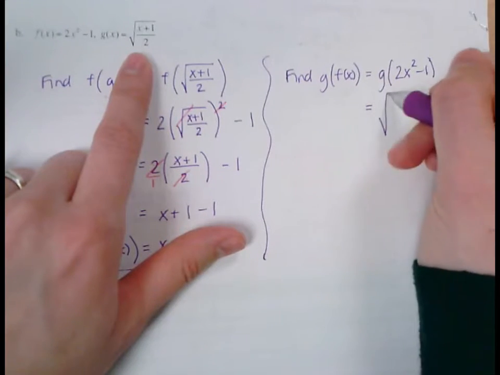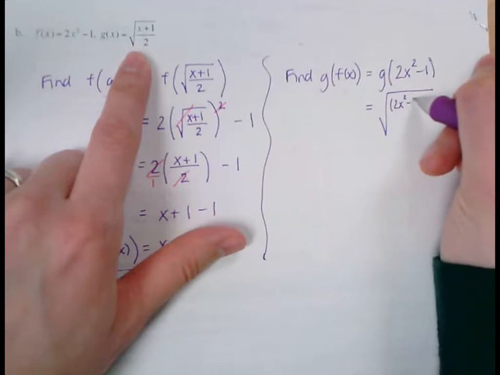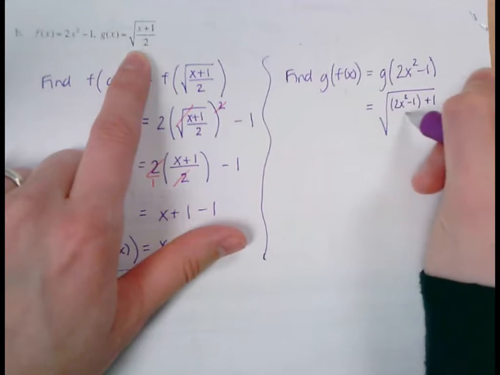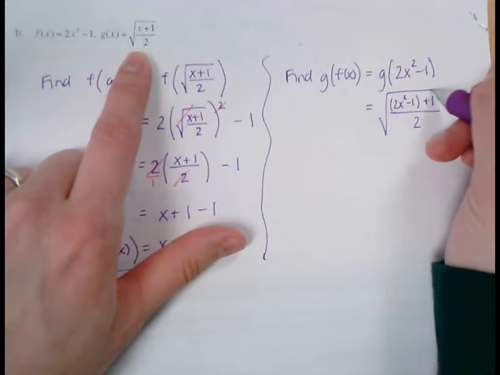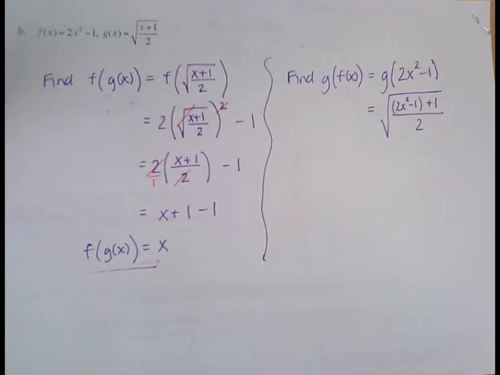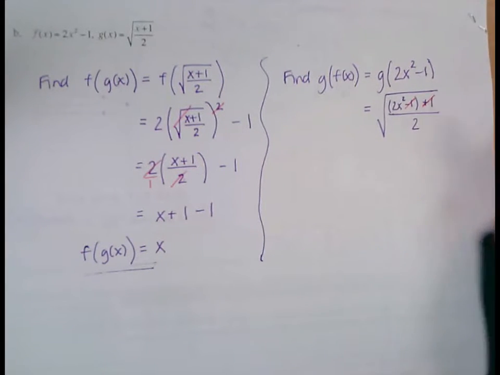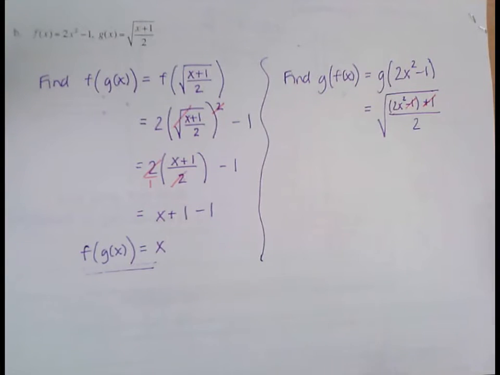So that means in the function g, that x gets replaced with the quantity 2x squared minus 1. So I have the square root of 2x squared minus 1 plus 1 all over 2. And I know I put parentheses around the 2x squared minus 1 just to show I'm replacing the x with it. The parentheses aren't really necessary, though, because 1 is just being added to it. So in this case, that minus 1 and plus 1 would cancel each other out.